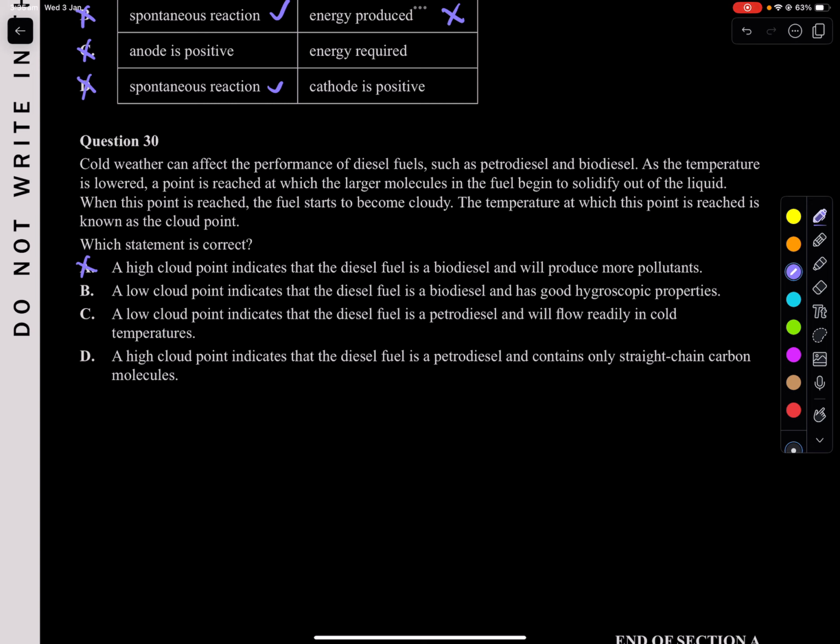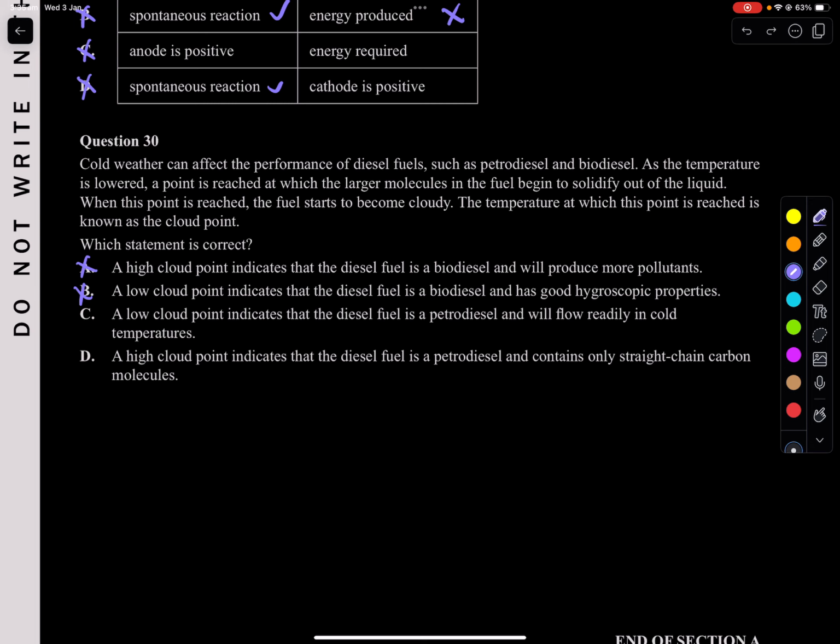I would say no, because remember, a high cloud point indicates that the diesel should be biodiesel, not low cloud point. If it's cloudy, it means it's freezing pretty much. So B is wrong, because it should say a high cloud point for biodiesel.